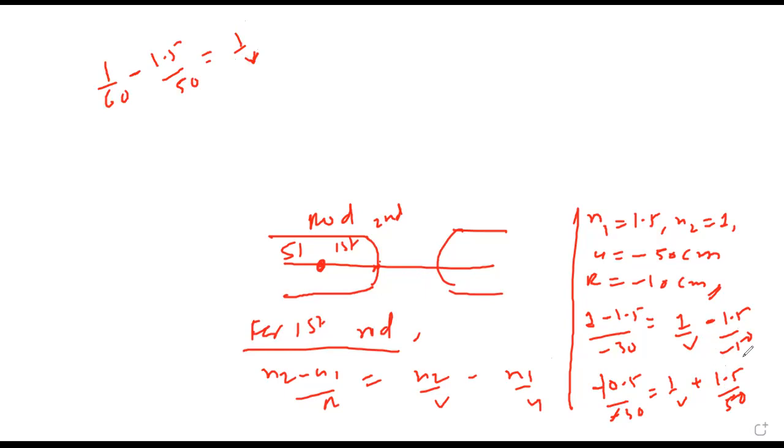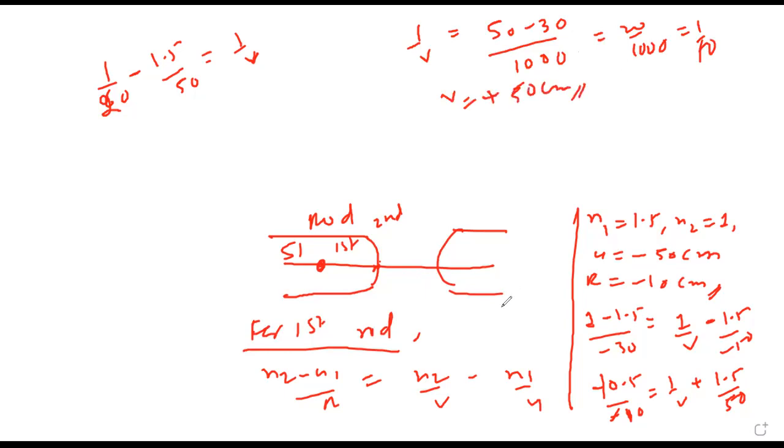R is 10, okay, I took that. R is 10. So 1 upon 20. Therefore, 1 upon v equals 50 minus 30 upon 100. 1.5 upon 50, that is 1 upon 20. So 1 upon 50.